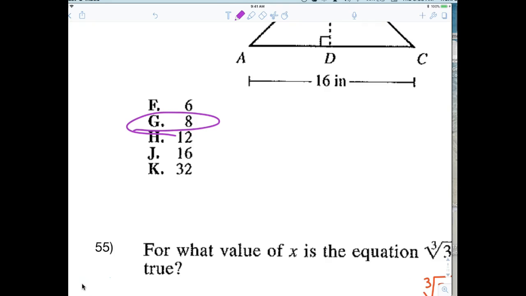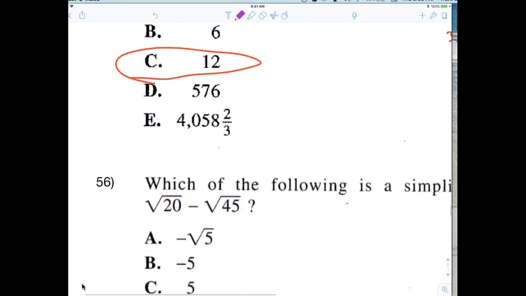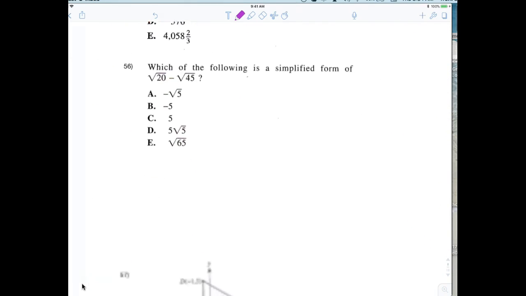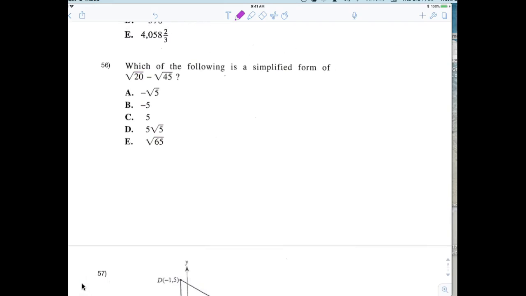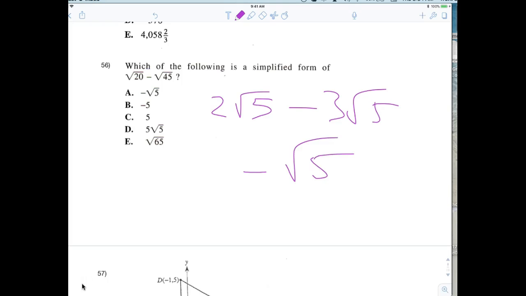Do you agree? All right, let's check out 58. Which of the following is the simplified form? Yes, this is on a college entrance exam. This is 2 radical 5 minus 3 radical 5, which is negative radical 5.